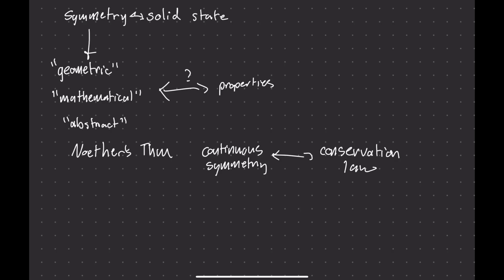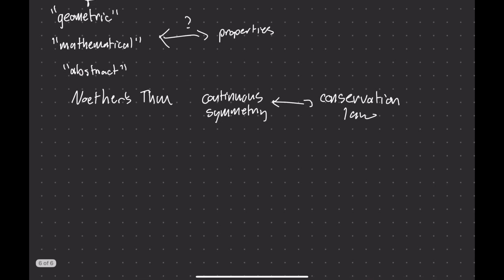And pertaining to solid state, if you consider the types of symmetries in solid state physics, where you're looking at some periodic lattice, so some square lattice, and you look at the unit cells of these lattices, you might be able to ask yourself, what symmetries does this square lattice have?